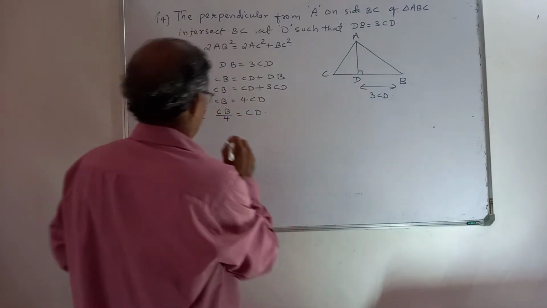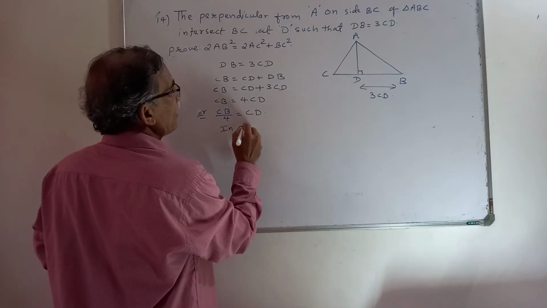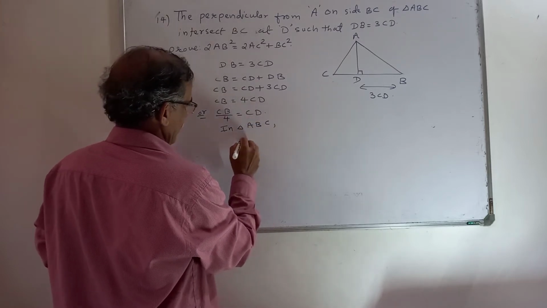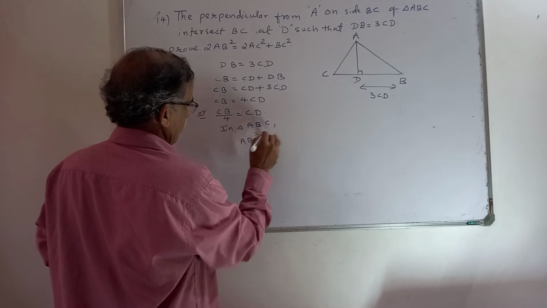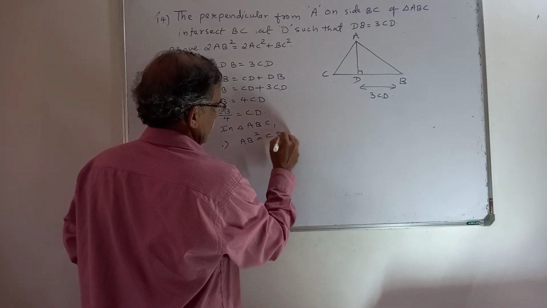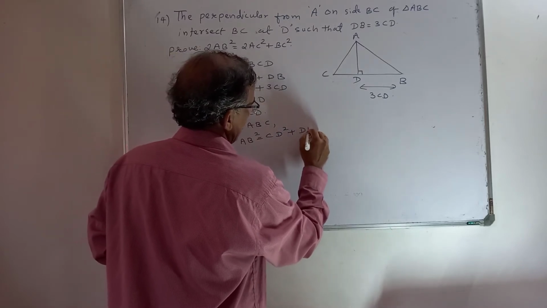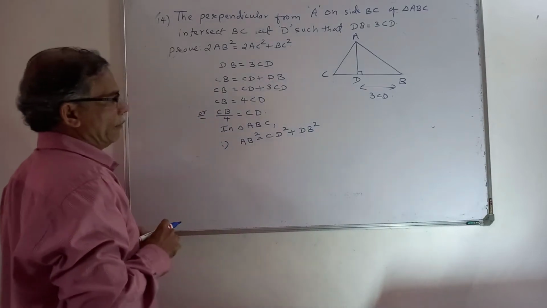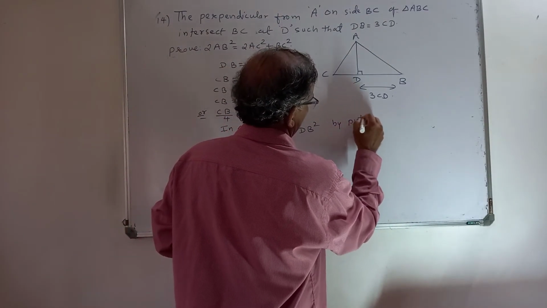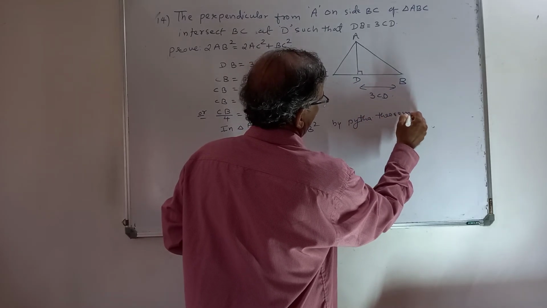Now see, in triangle ABD, we can write AB square, first statement, is equal to CD square plus DB square by Pythagoras theorem.